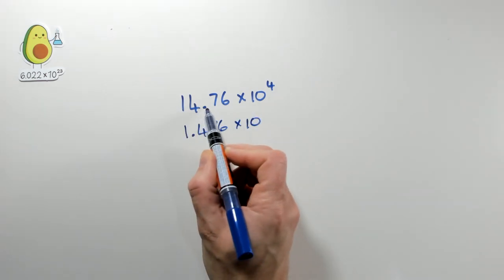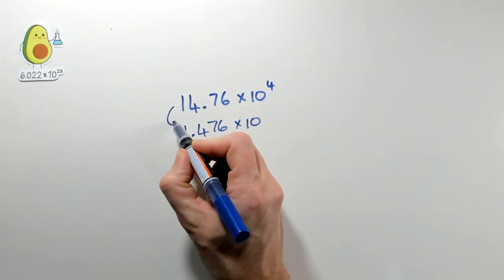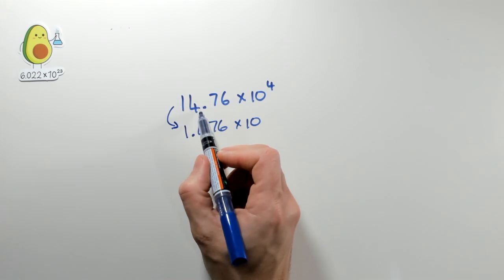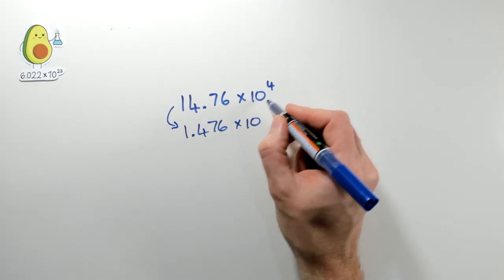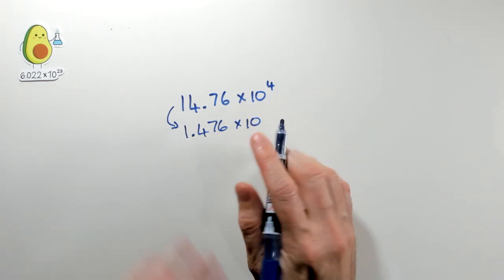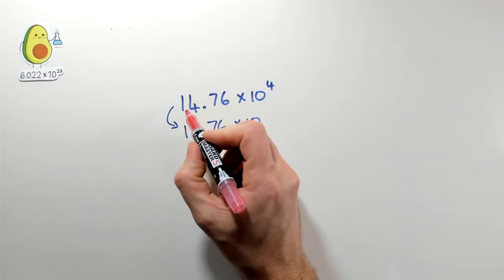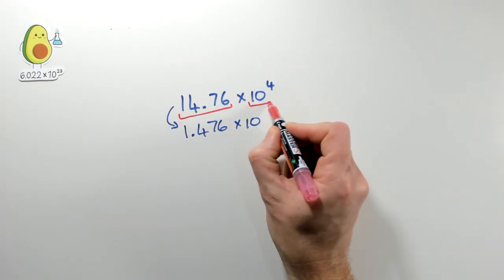1.476, not 14.76. So what did I do with the 14 to get to 1.4? So basically I divided by 10. And now the tricky thing is, this is kind of a balance, right? If I look at it as there's two parts of this number, there's this part and this part.